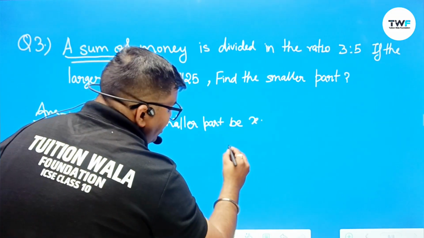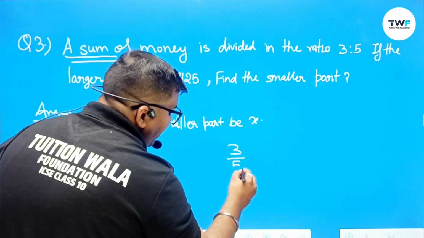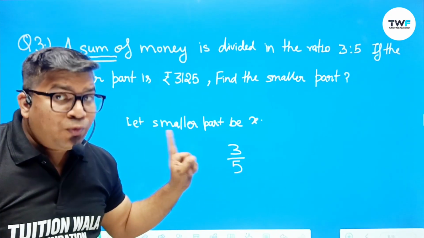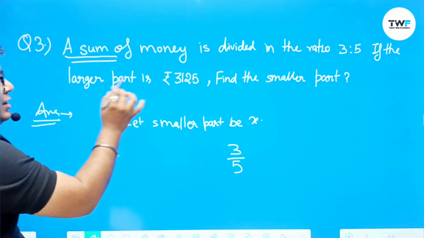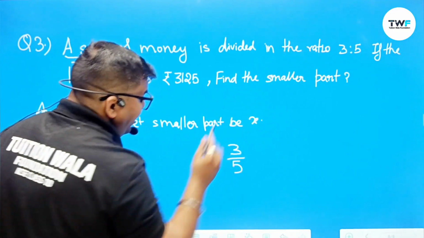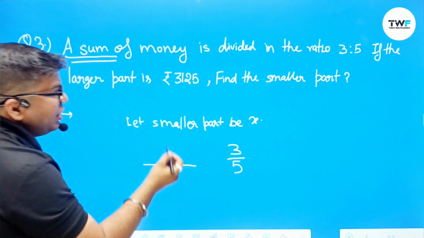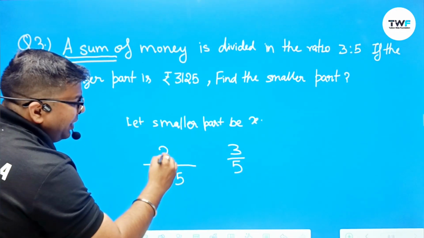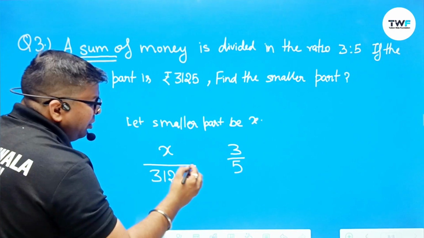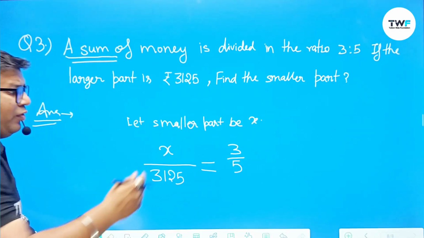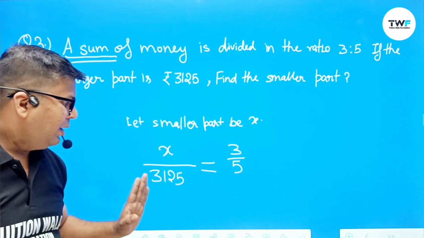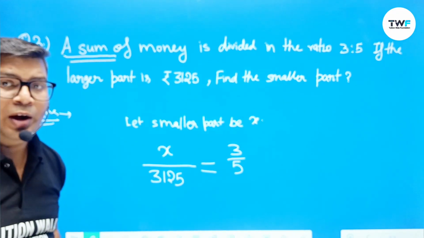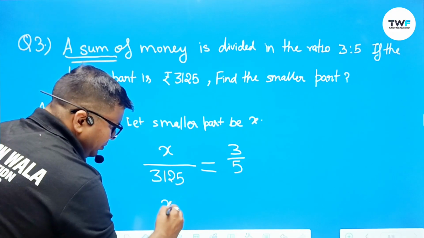As you know, the ratio is 3 ratio 5. In the terms 3 and 5, which one is larger? 5 is larger. So the bigger part, that is 3125, comes at the bottom, and the smaller part, that is x, comes on top. In the numerator x and the denominator 3125, and these will be equal to 3 upon 5.